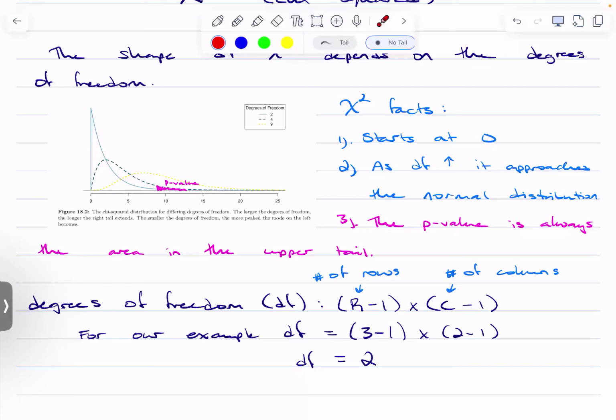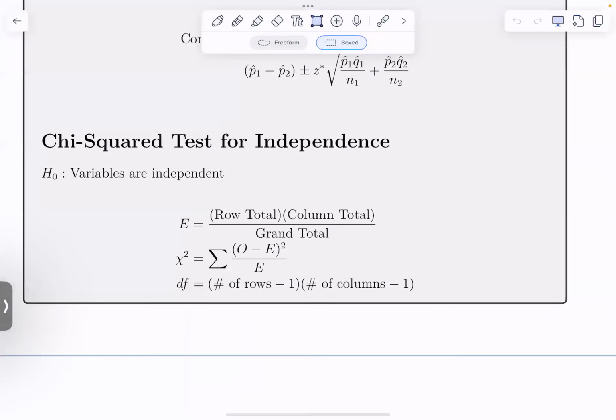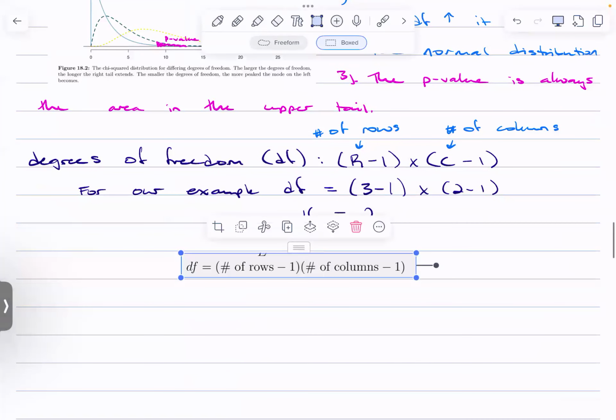So now we've got our degrees of freedom. And of course, it's on your formula sheet at the bottom. What am I skirting around here? I'm skirting around the actual chi-squared. We'll get there soon enough.